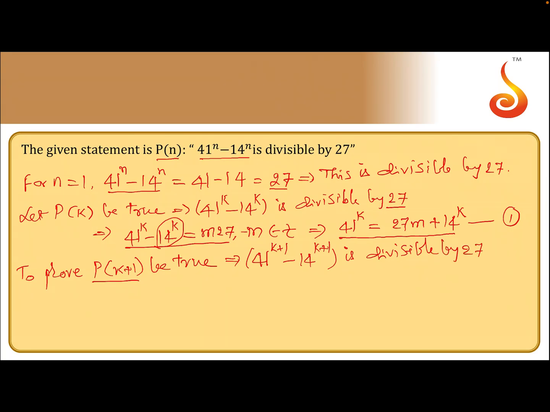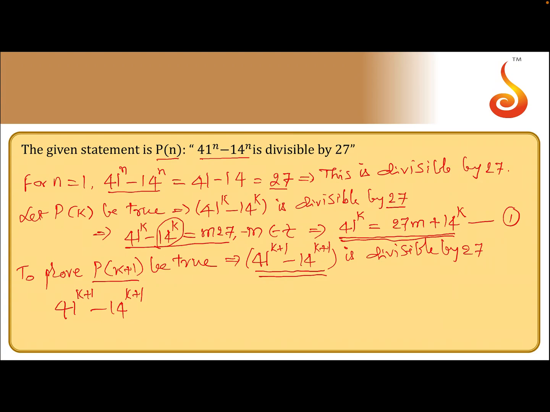That means I have to prove that this is a multiple of 27 with the help of condition 1. Consider 41 to the power of k plus 1 minus 14 to the power of k plus 1.